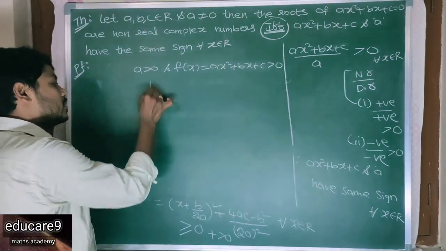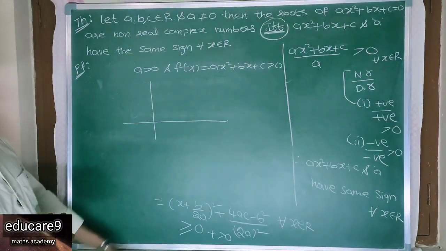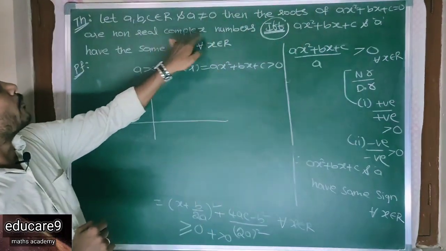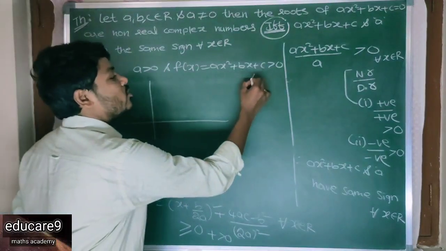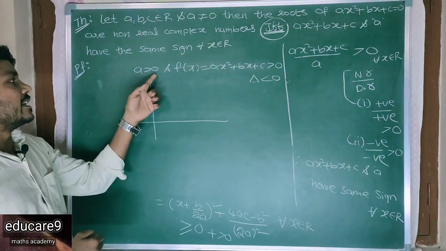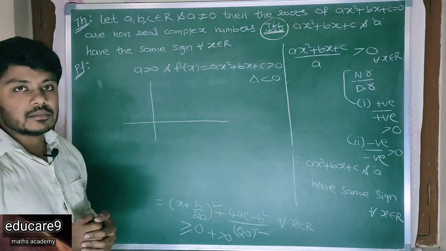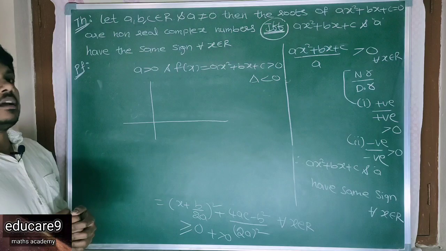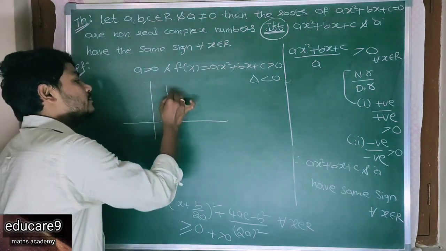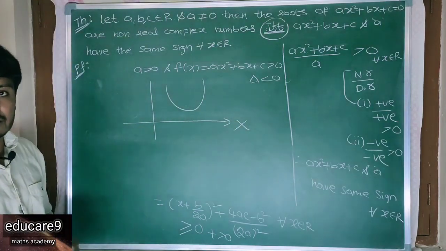So draw the graph of this. Here see, the roots are complex, meaning delta is what? Less than 0. Here a is greater than 0 and this is the quadratic expression. So clearly this graph represents an upward parabola and does not touch the x-axis.